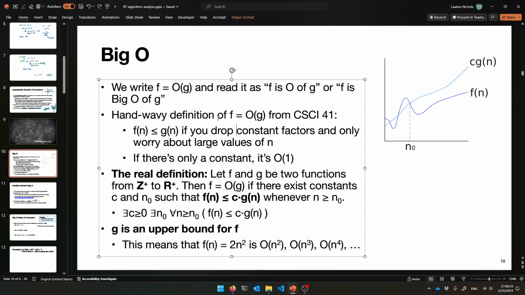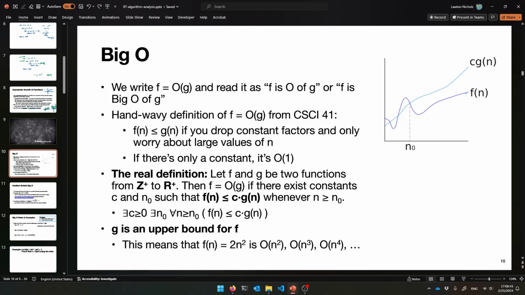Here's the definition that you learned in CSCI 41. f is big O of g when essentially g of n is dominating over f if you drop the constant factors out in front of your functions, and then also you only worry about large values of n.